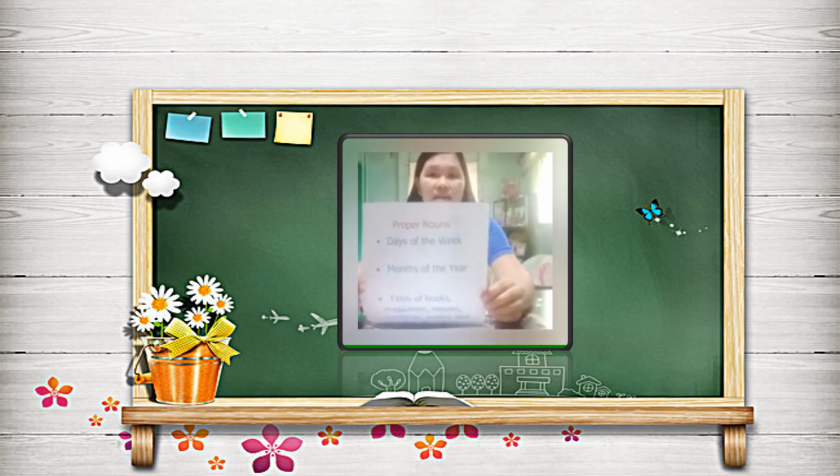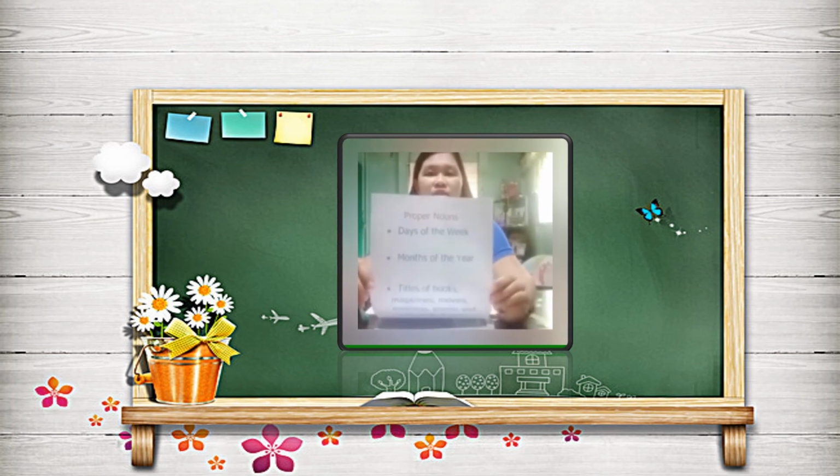the days of the week. There are 7 days of the week, which begins with Sunday, and the last day is Saturday. We have months of the year. How many months are there in a year? Next, we also have titles of books.